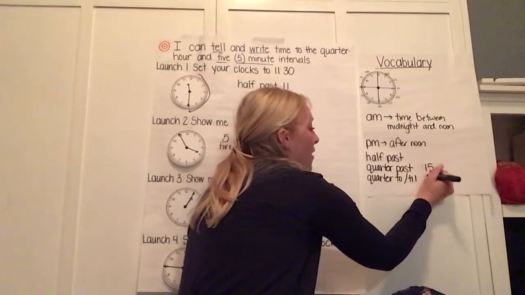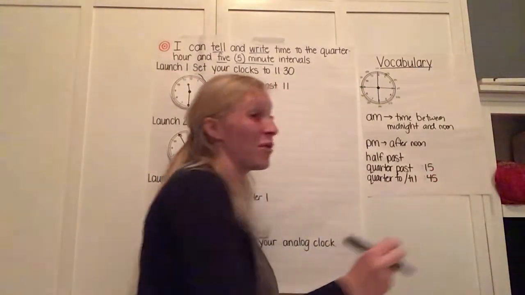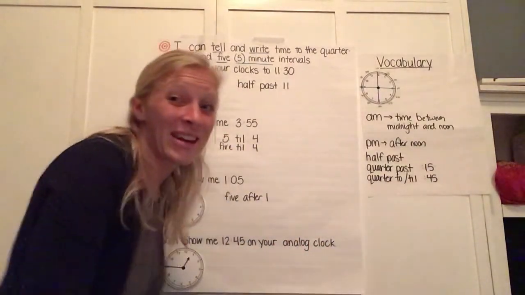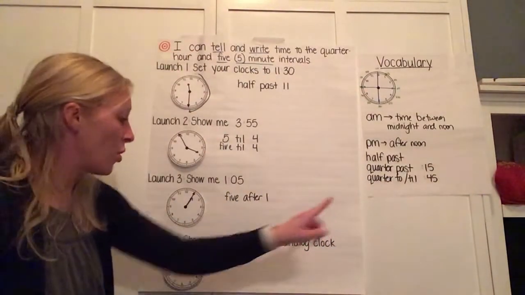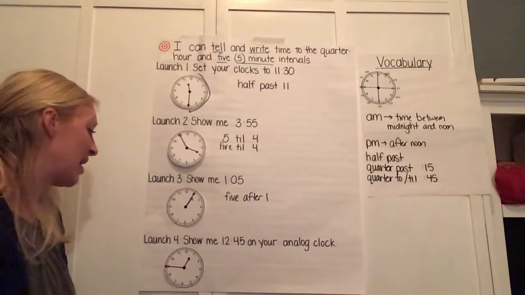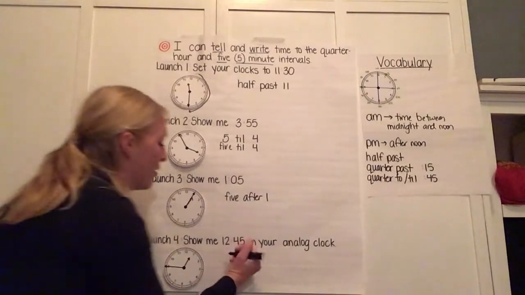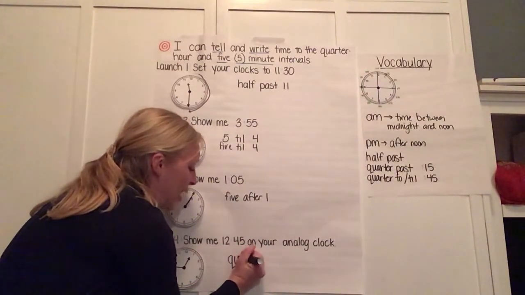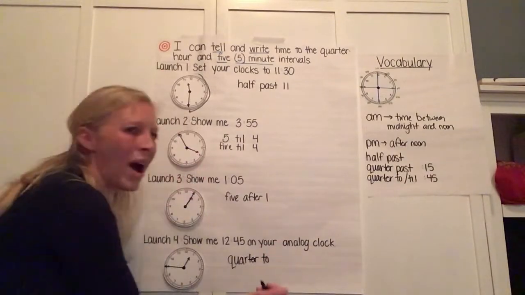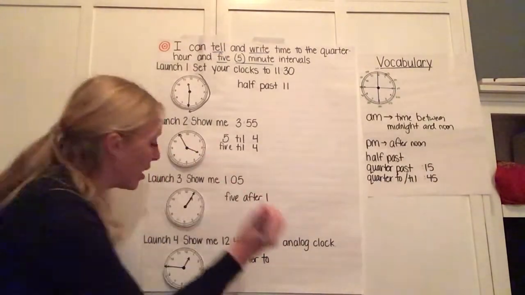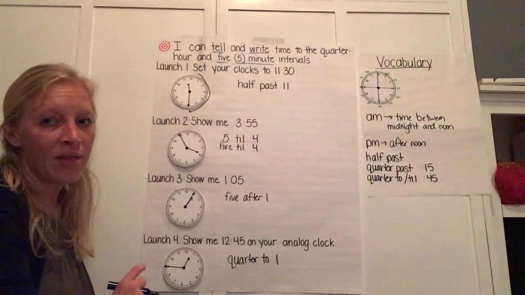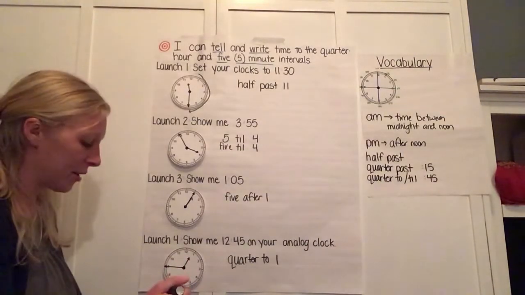That's that 45. That means we've gone very far around our clock and we're almost to that next hour. So in this case, what would we say this time was? We were using another way of saying that. That's right. We would say it is a quarter to what? It's a quarter till 1 because it's almost to that 1 o'clock.